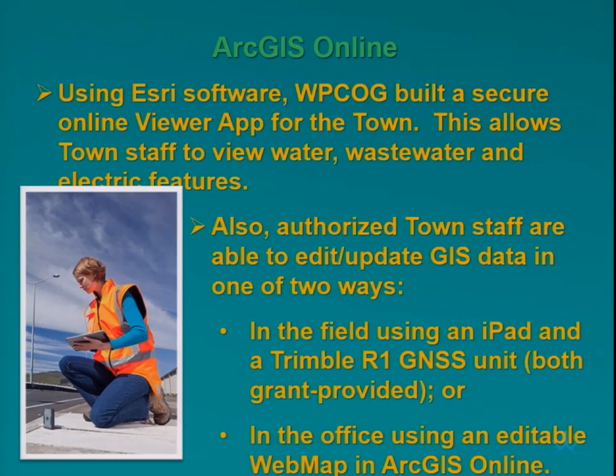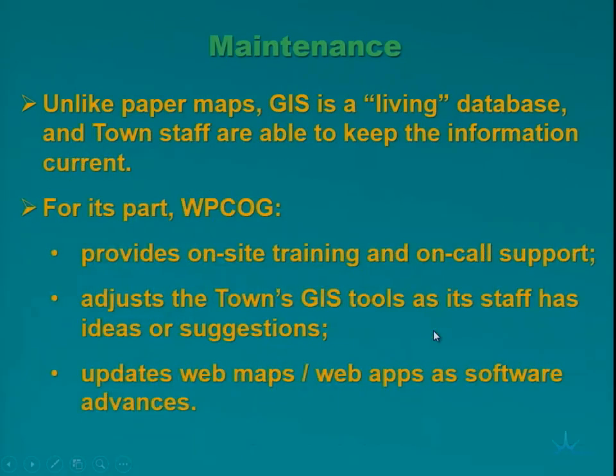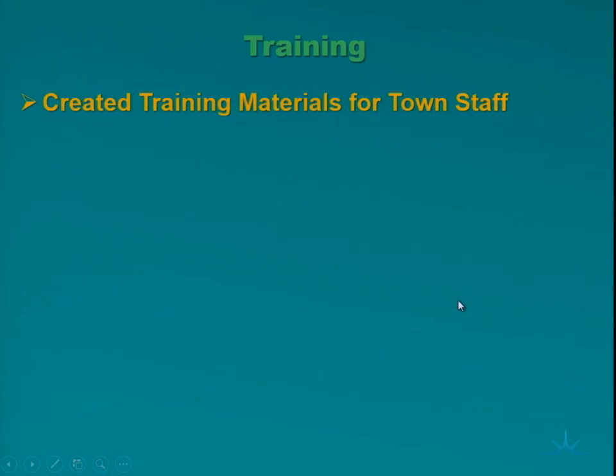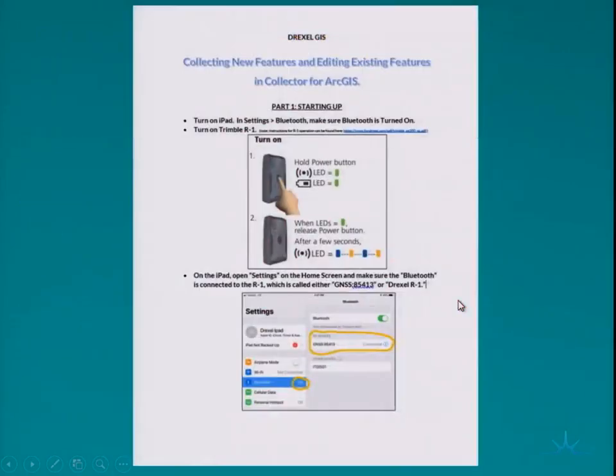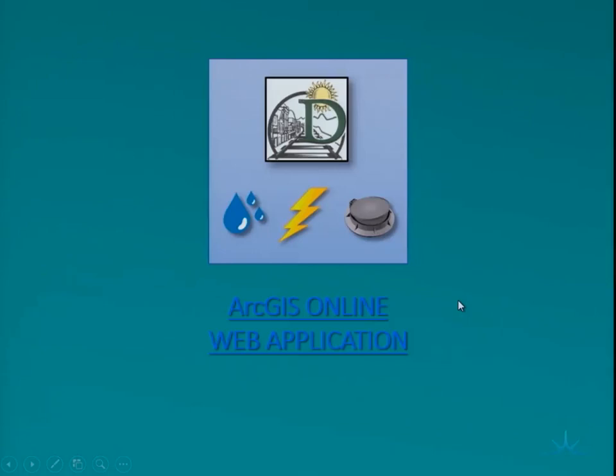They can use a Trimble R1, if they put in a new water meter, or if they find that, in fact, that water line's on the other side of the road, they can change it. And then we provide on-site training, on-call support, and update the software. And we created manuals on how to use things for this town.